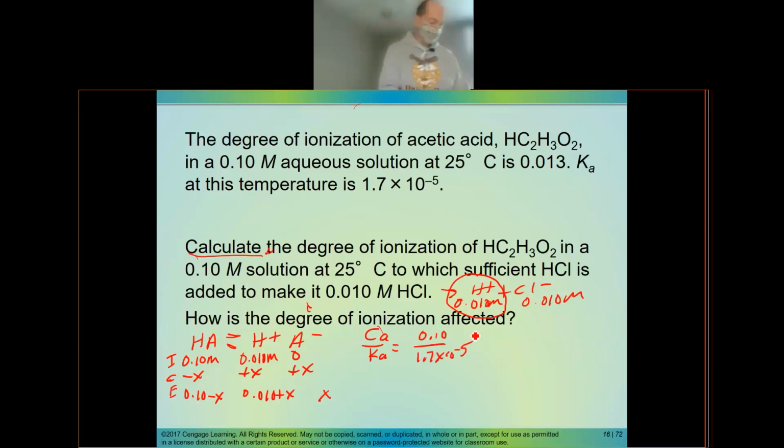When you do 1 divided by 1.7 times 10 to the minus 5, you get 5,882, so 5,900. That's greater than 1,000. So that means that we can eliminate any plus or minus x. We don't have to check it.